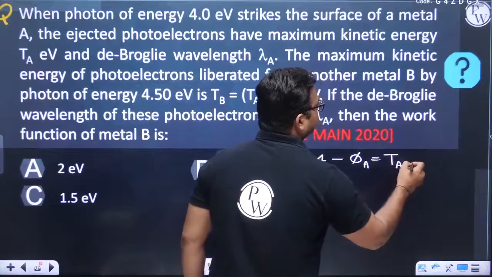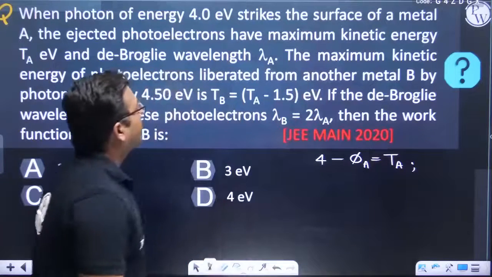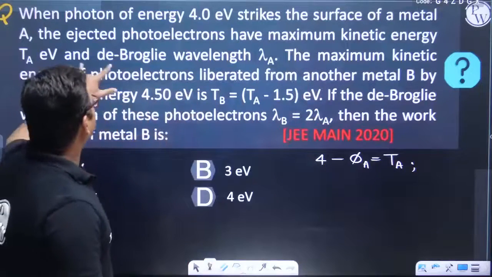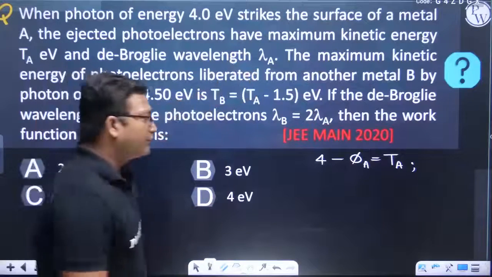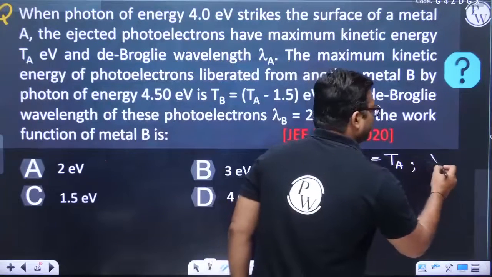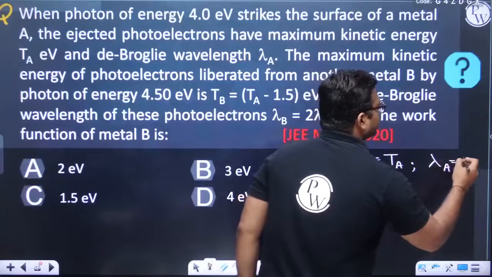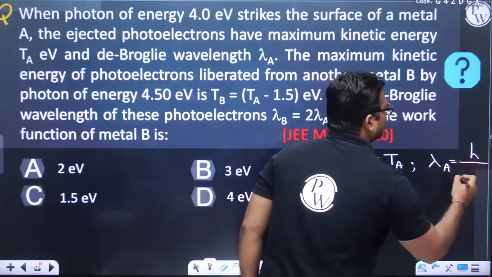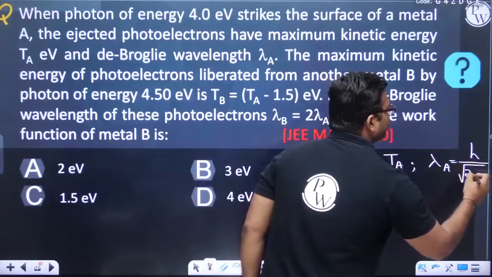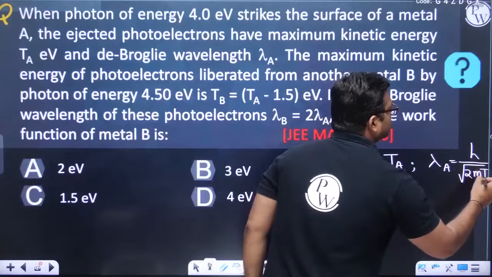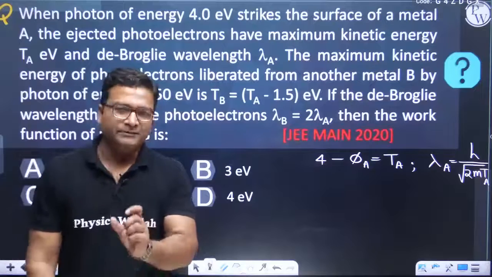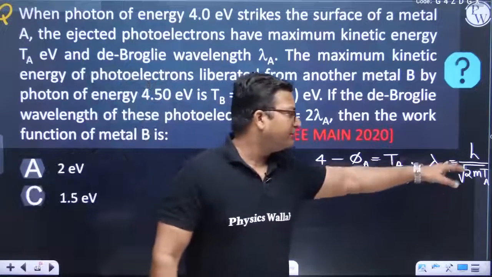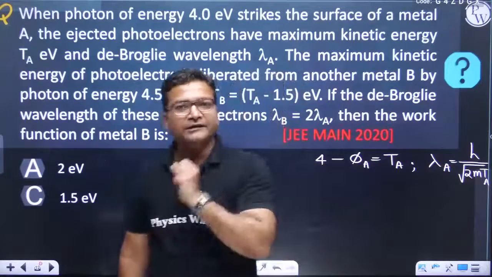That's your first equation. And they also say the de Broglie wavelength of the photoelectron is lambda A. So you know lambda A equals h divided by the square root of 2m TA, because the de Broglie wavelength is h upon the square root of 2m times the energy.